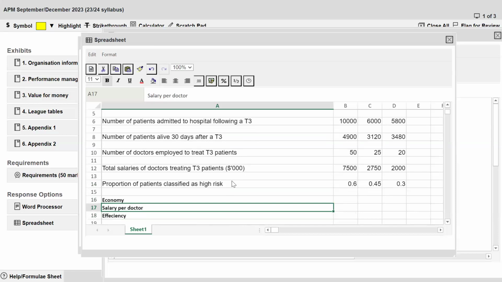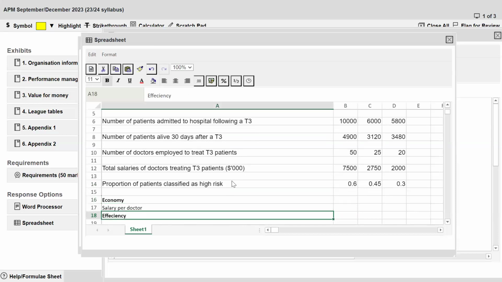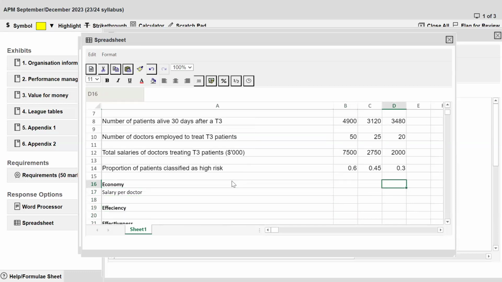I could measure the economy like this, salary per doctor. The salary is in terms of thousands, so this is multiplied by 1,000, and then this is all going to be divided by 50.